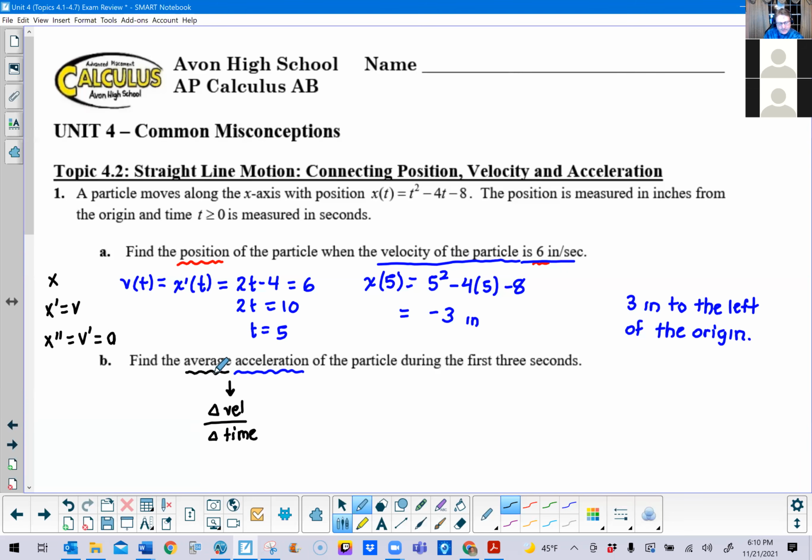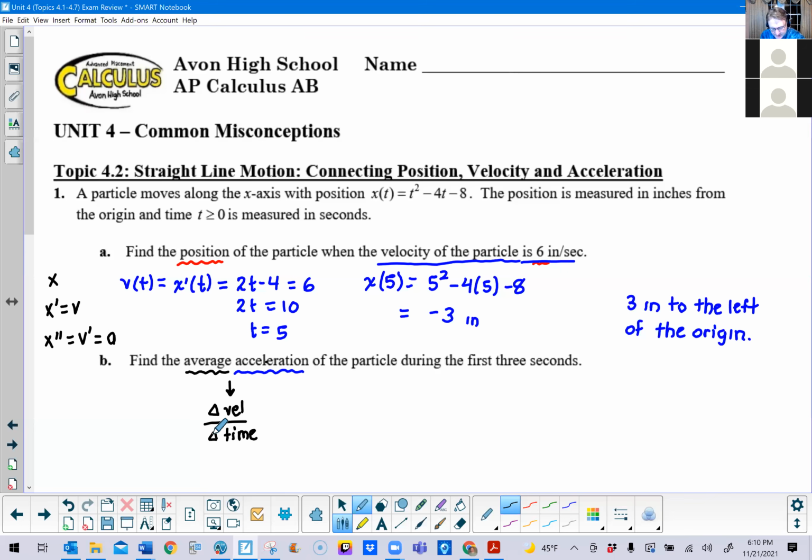Just like average velocity would be the change in position over the change in time. So at no point in this problem do you ever get to the stage where you need to take a second derivative. That's the first obstacle.